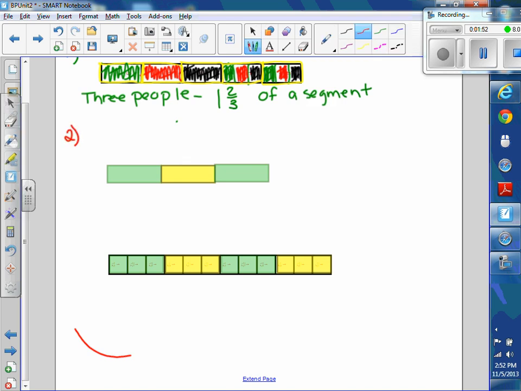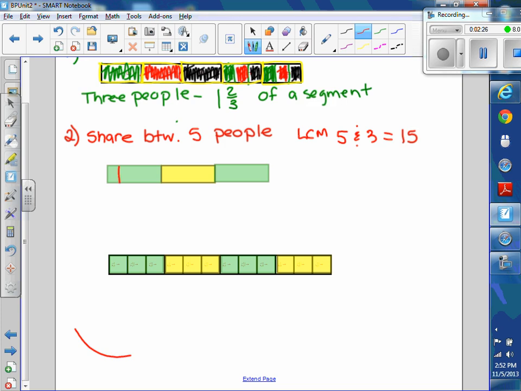So, Allie, we have to share between 5 people. Good. Okay, so nicely done. So we know that the least common multiple of 5 and 3 is 15. So we could break this into 15 parts.